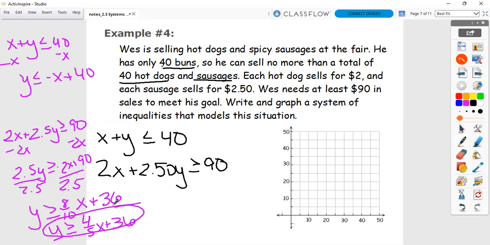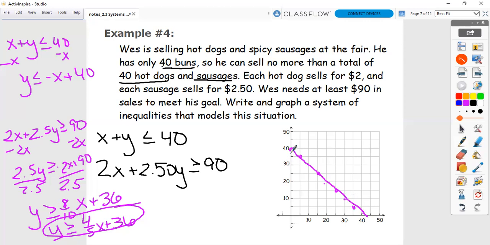All right, so let's graph these two inequalities. Y is less than or equal to negative x plus 40. Start at 40. Slope of -1. With a solid line because it's less than or equal to. Then I'm going to graph my second one here. So y is greater than or equal to 4/5x plus 36.